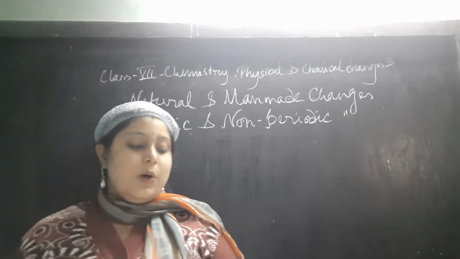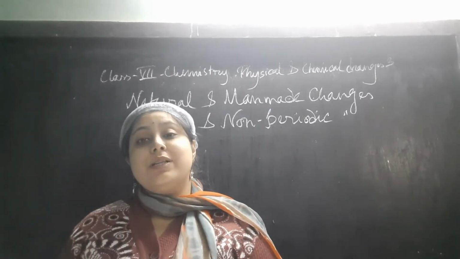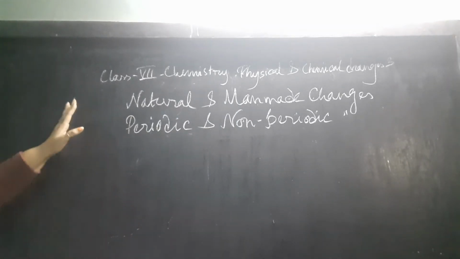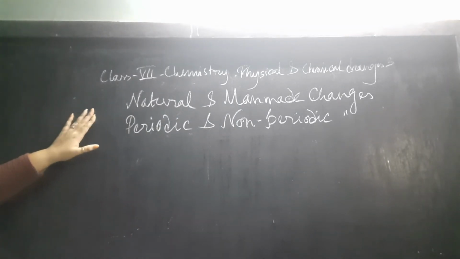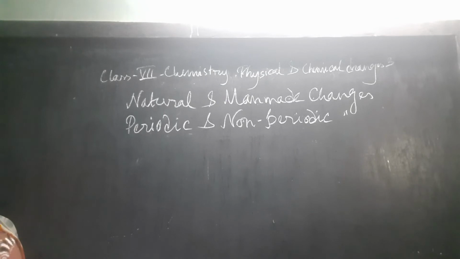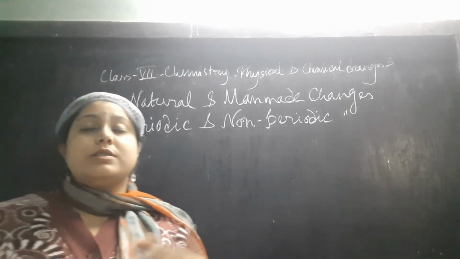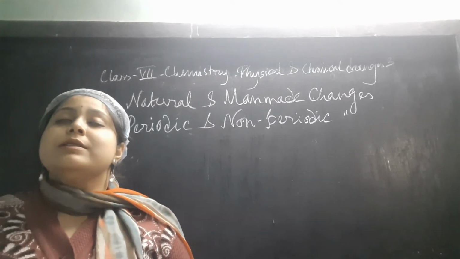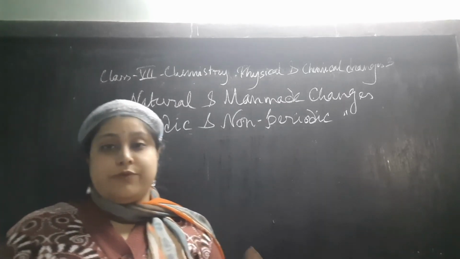So in this video we learned about natural changes, which occur normally in nature, and man-made changes, which are done by us. And now we learned about periodic and non-periodic changes. Periodic changes come after a certain interval, and non-periodic changes do not come after a fixed interval.